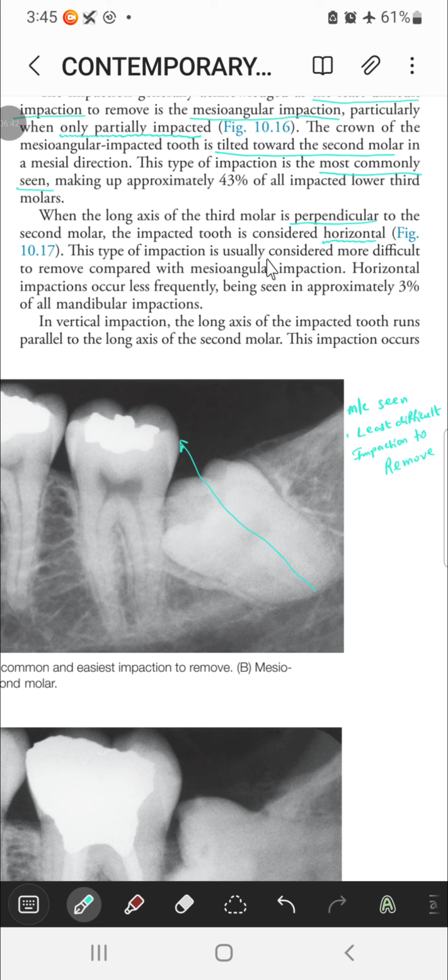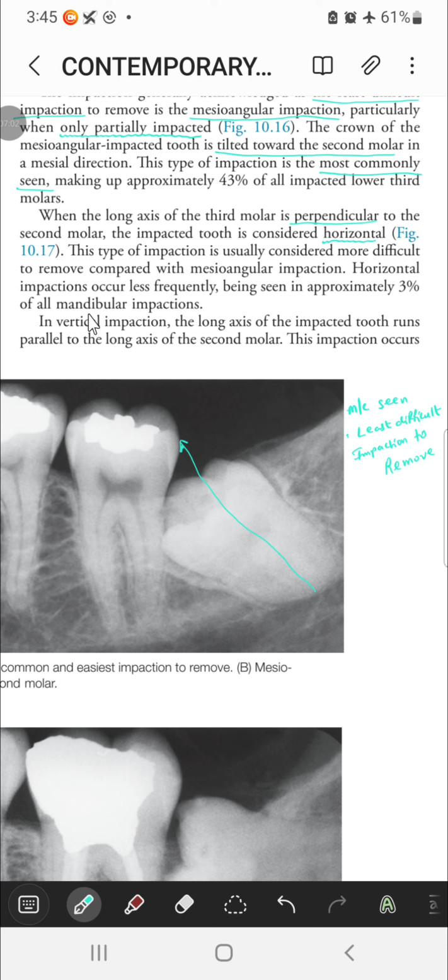This type of impaction is usually considered more difficult to remove compared with the mesioangular impaction. Horizontal impaction occurs less frequently, seen in approximately 3% of all mandibular impactions.